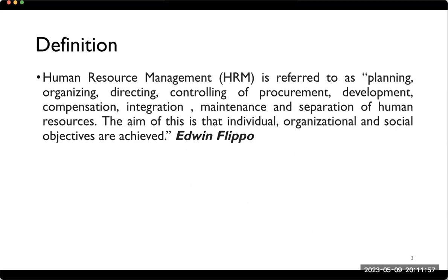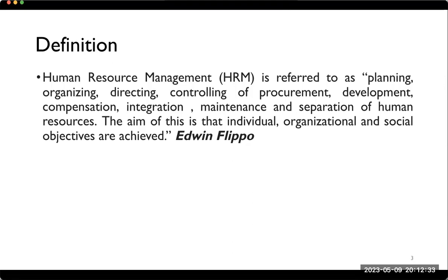By way of definition, and this is a definition which is coming in from Edwin. There are quite a number of scholars that have come forward to define human resource management, but Edwin refers to human resource management as that process of planning, organizing, directing, controlling of procurement, development, compensation, integration, maintenance, and separation of human resources.